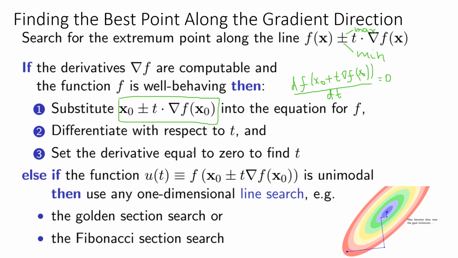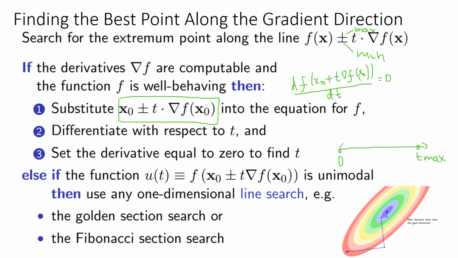If we cannot do this, then we look for algorithms that can search for such a t. What we usually do is say the smallest value of t is 0. The largest value of t, we usually fix at some value, so we don't have an unlimited t. It will be t max.